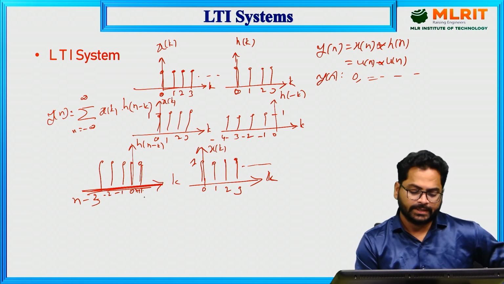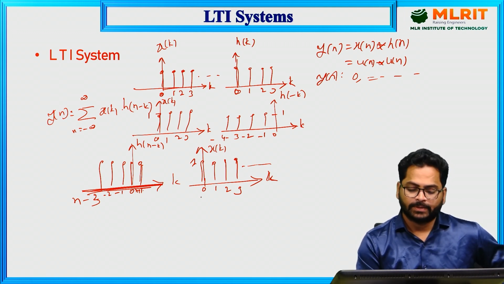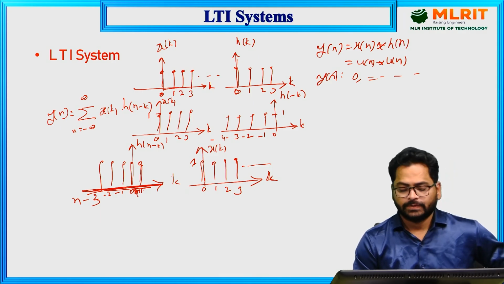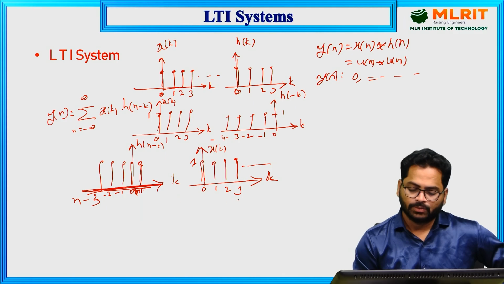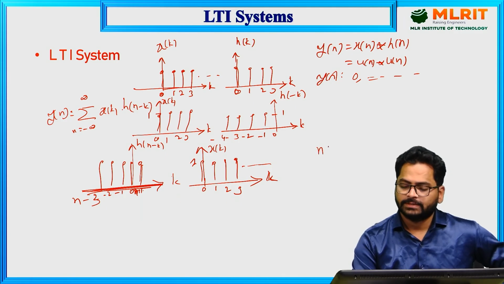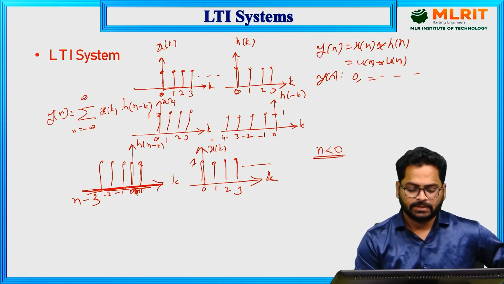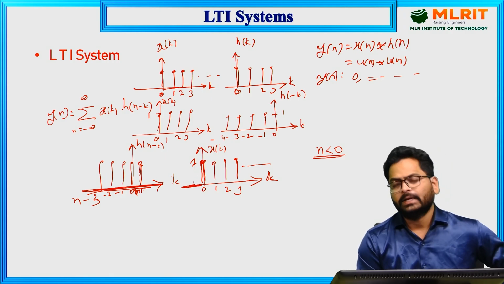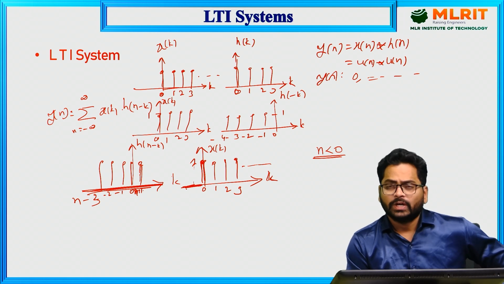If you look here, this signal is multiplied, so I am taking the first location. If I take the n value, n is less than 0. That means the signal we are placing over here has no overlapping, because n less than 0 means this signal, with n plus 1, is nearby here only, so we won't get any overlapped signal.